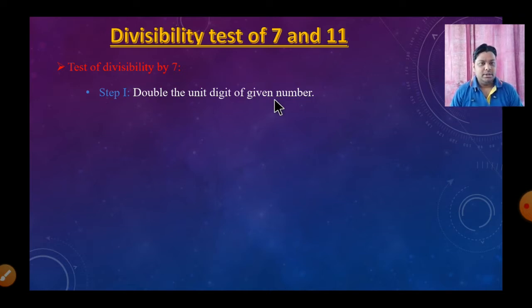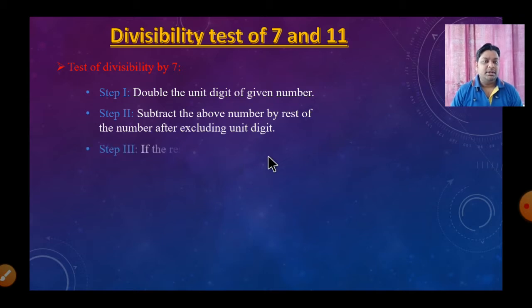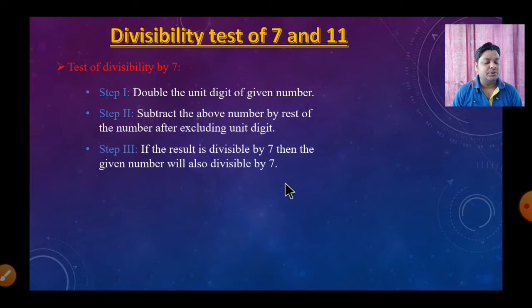In step 2, subtract that from the rest of the number after excluding the unit digit. In step 3, if the result is divisible by 7, then the given number is also divisible by 7. If you only read the steps, you cannot understand the main property.